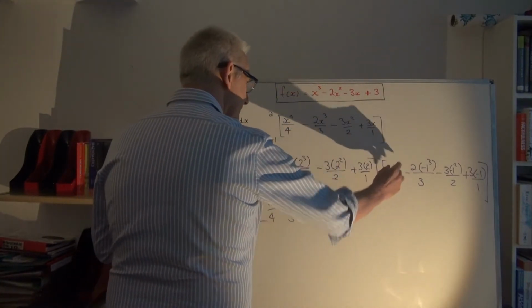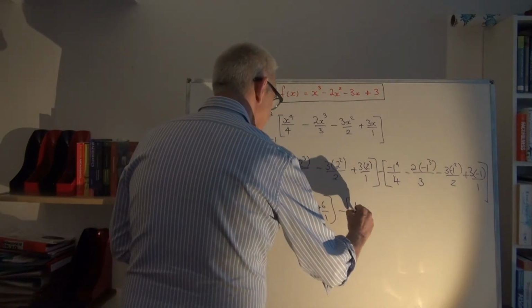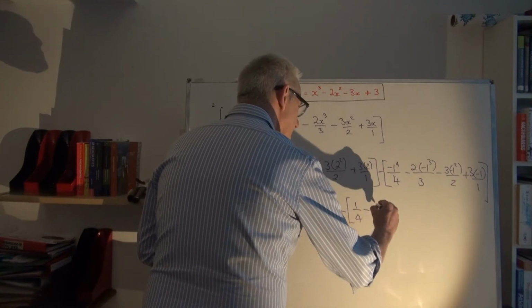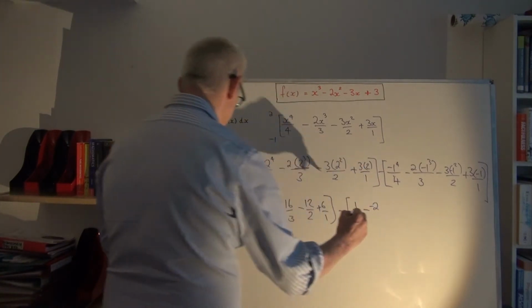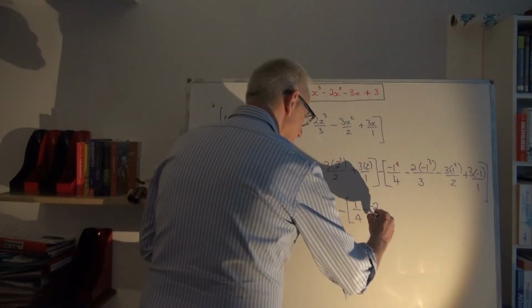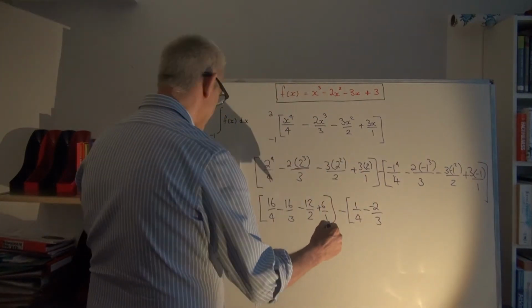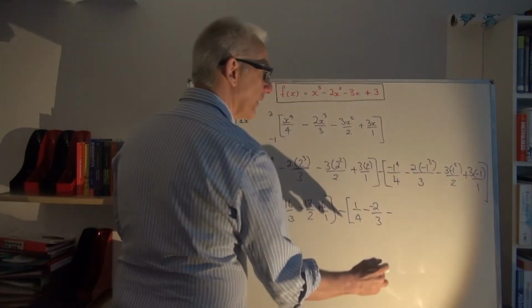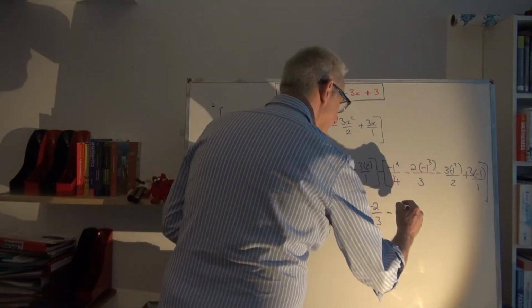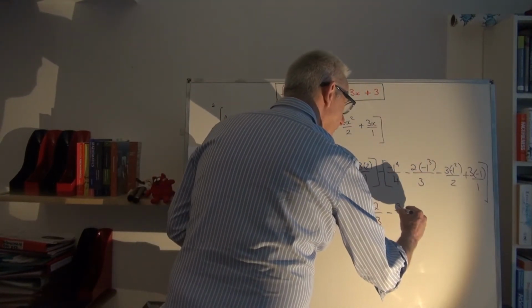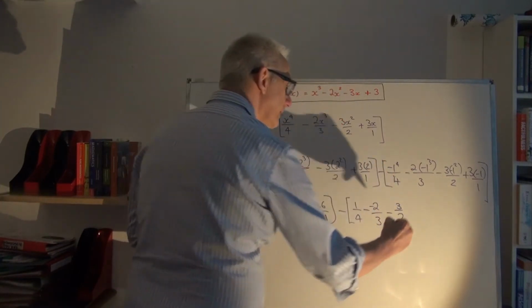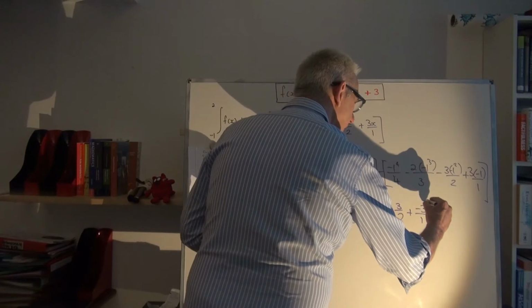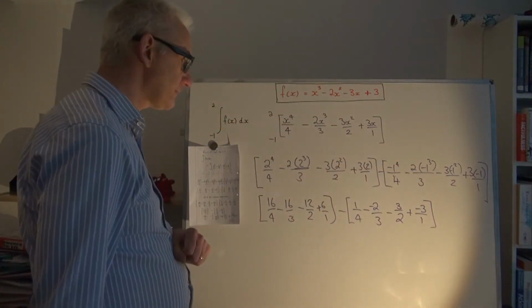Minus 1 to the 4 is 1, so that's going to be a quarter, minus 2 over 3, minus minus 1 over 3, minus 3 over 2, plus minus 3 over 1.